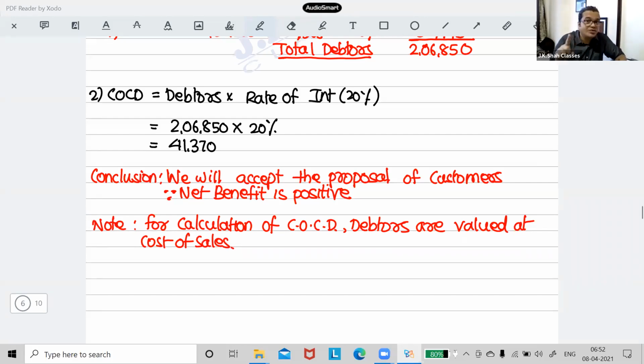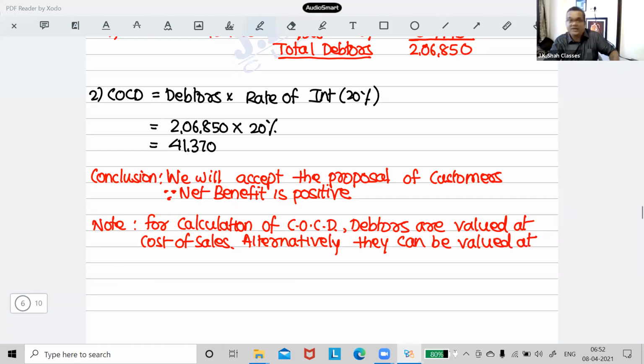Do we have the option of going for variable cost? No, sir, we don't do the bifurcation one. That's why, for calculation of COCD, debtors are valued at cost of sales. So the alternate option is what? Sales. Alternatively, they can be valued at sales.